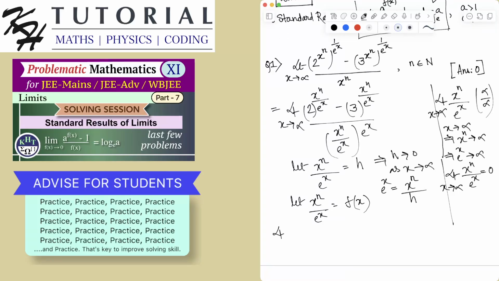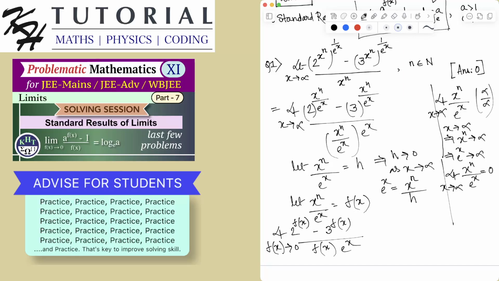So the limit is now, of course, f(x) will tend to 0 if x tends to infinity, and I have 2 to the power f(x) minus 3 to the power f(x) divided by f(x) and e to the power x.